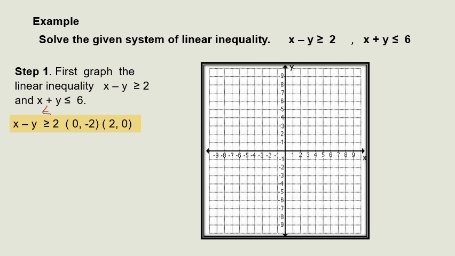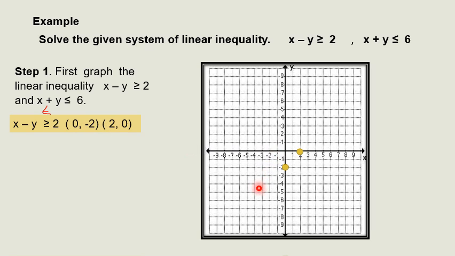Alright, so let's plot this: (0, negative 2) is here, because this is the y-intercept. The x-intercept is (2, 0), so that is one.